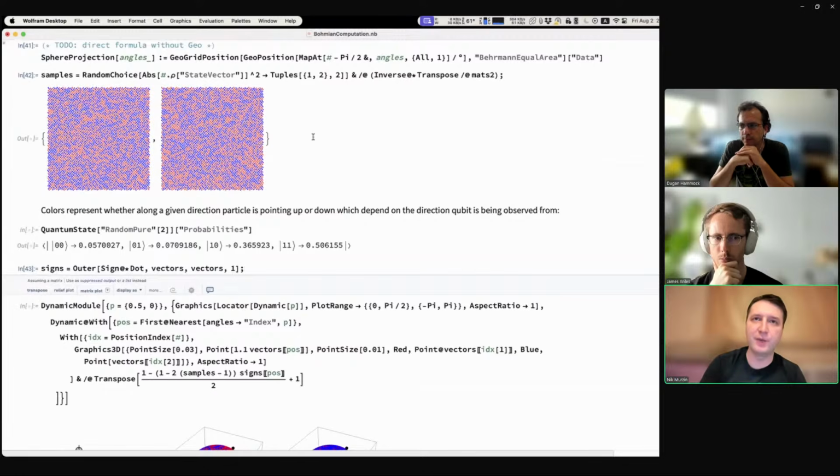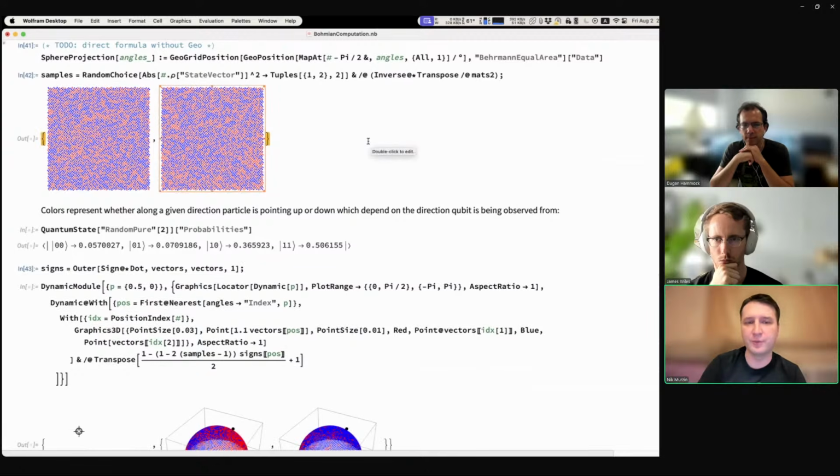So there are multiple microstates that constitute the same macrostate. And so how do you sample one particular microstate? You just take the actual probabilities. So if you take a quantum state of 2 qubits and take its probability vector, this is just a four length probability vector. You sample from it, right?